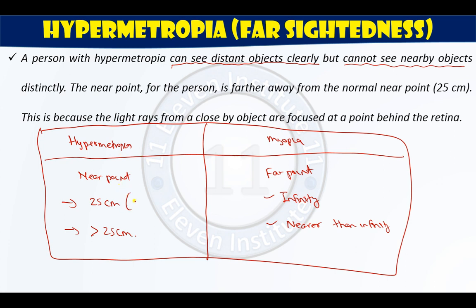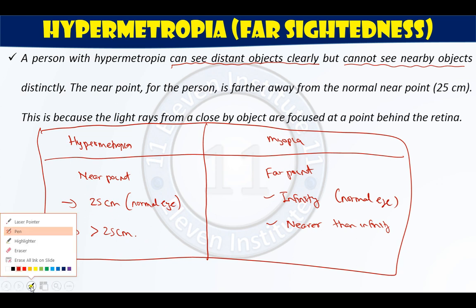Generally, the near point is at 25 centimeters for a normal eye, and the far point is at infinity. But if you are having myopia, you are having a problem in seeing the far away objects, then your far point will be nearer than infinity. And in case of hypermetropia, your near point will be at a distance greater than 25 centimeters. This is very much important. I request you to write this somewhere in your CW, in a heading, or anywhere else. This is a bit important.